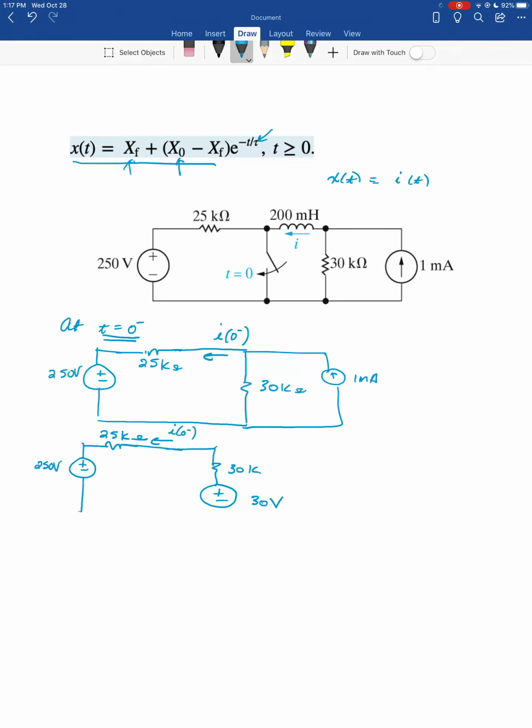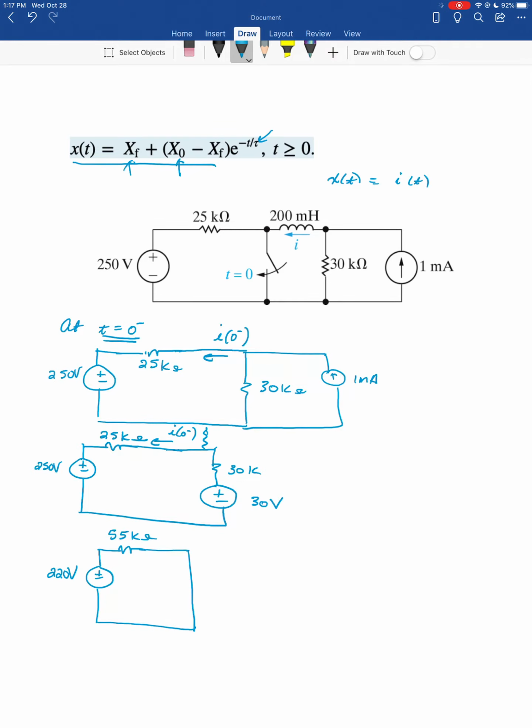When I do that, that'll be 30 volts. So now this is a single loop circuit. If I do some combining, I'll have 220 volts, and these two resistors add in series to give me 55 kilo ohms.